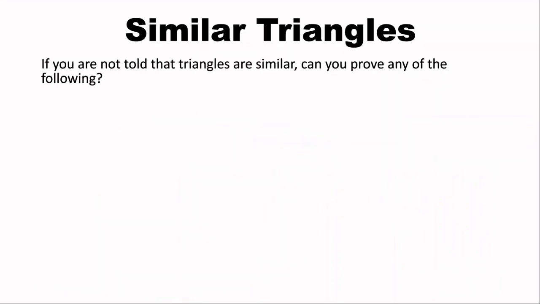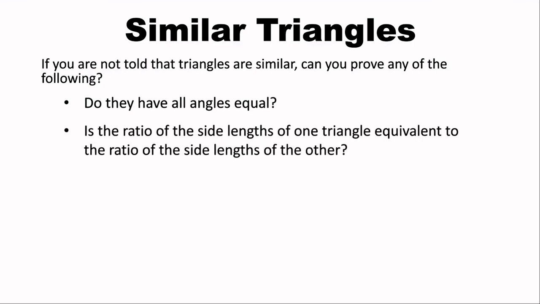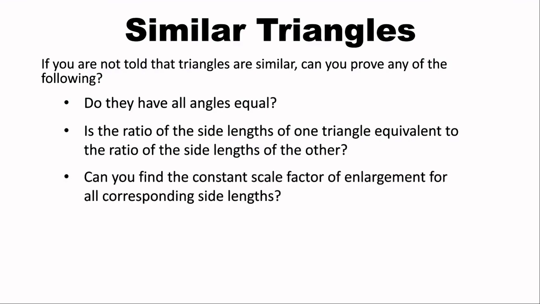Let's just recap before we get into our practice exercise. Remember that if you're not told that triangles are similar, you should be asking yourself, can you prove any of the following? Do they have all angles equal? Is the ratio of the side lengths of one triangle equivalent to the ratio of the side lengths of the other? Can you find the constant scale factor of enlargement for all corresponding side lengths?